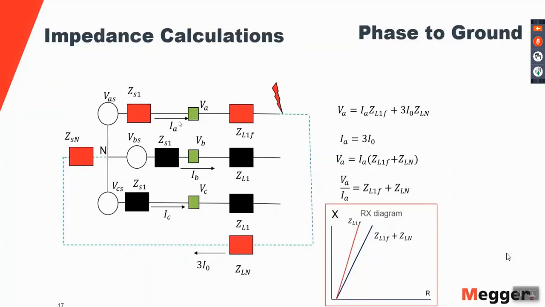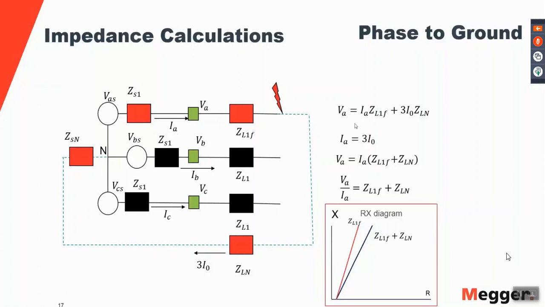Now, in this case, if it is a phase-to-ground fault, we can introduce the impedance of the neutral loop here, and we can take the voltage to the neutral at this point, at the point of measurement, and we can say that the neutral current 3I0 equals the phase current. If you see, they're in series over here.